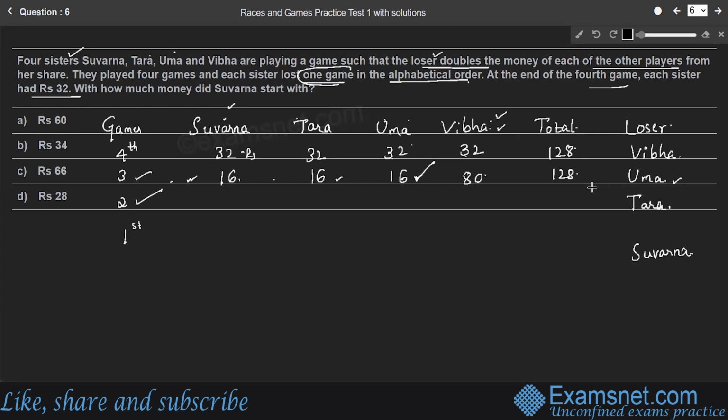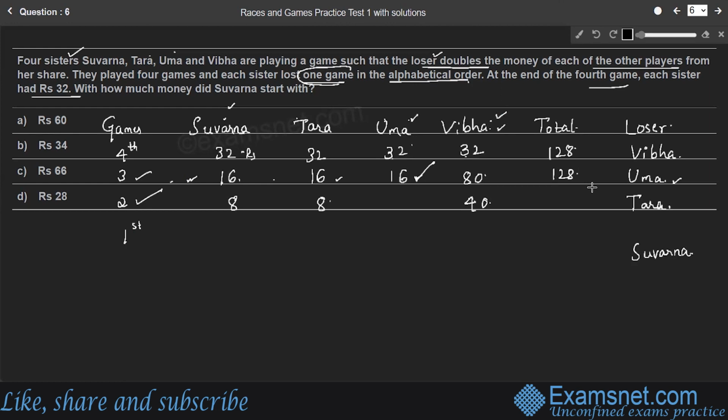Therefore, at the end of the second game, Suvarna had 8 rupees, right? Even Tara had 8 rupees. They took 8 more rupees from Uma, because she lost in the third game, right? And also Vibha had 40 rupees. So her money got doubled in the third game, right?